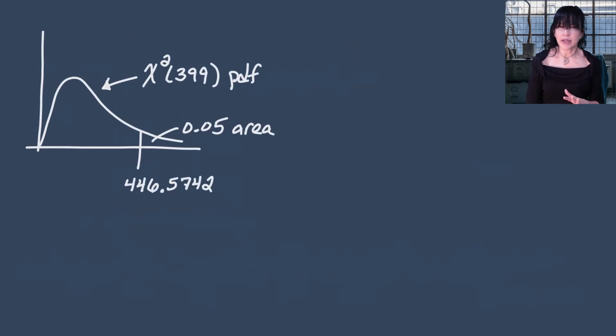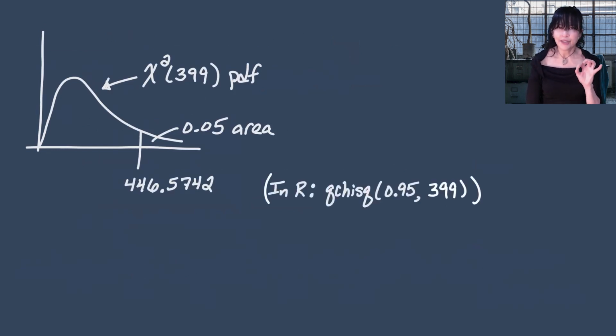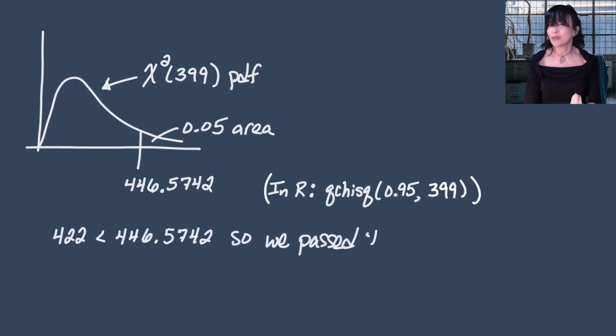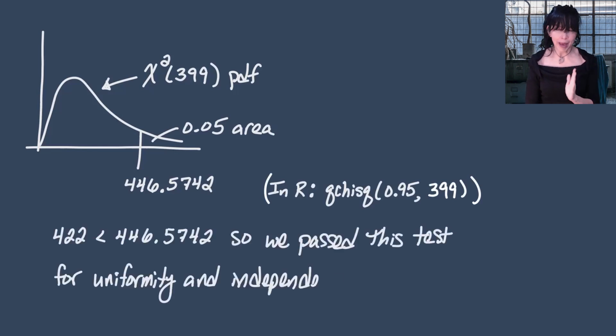Again, I got that by typing Q, CHI, SQ, quantile chi-squared, and then a 0.95 for the left-hand area, and then the degrees of freedom parameter. My number of 422 is not up here. It is not above 446 point something. So we did not fall in this rejection region, which means we passed this test for uniformity and independence both, because both of that went into what we should expect in each cell.